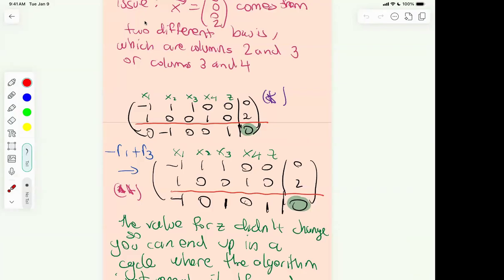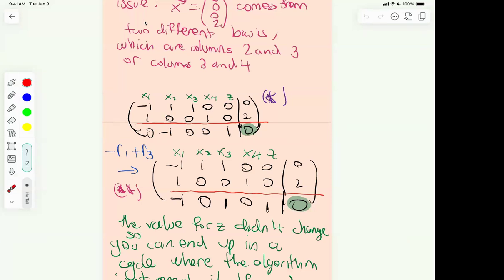Here you do this row operation, but the function remains at value 0. And you would like the method to always increase the value of the function, even if by a small amount, because that would guarantee that it terminates. If the maximum is finite and every step you're increasing the value, you're sure to terminate, because there are only finitely many corners to consider.